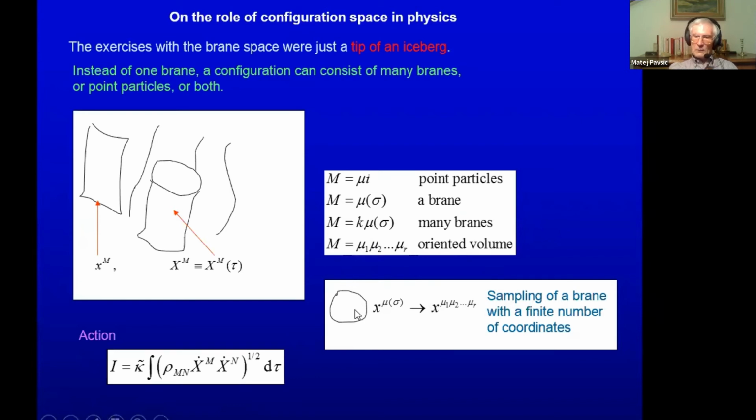Then, instead of having a complicated description, you're interested only in the center of mass of the brane. But okay, so here I have done a lot of work, but I will leave it. It would be too complicated. So the action for such a generic system is this one. And rho mn is a metric, and x dot m are velocities.